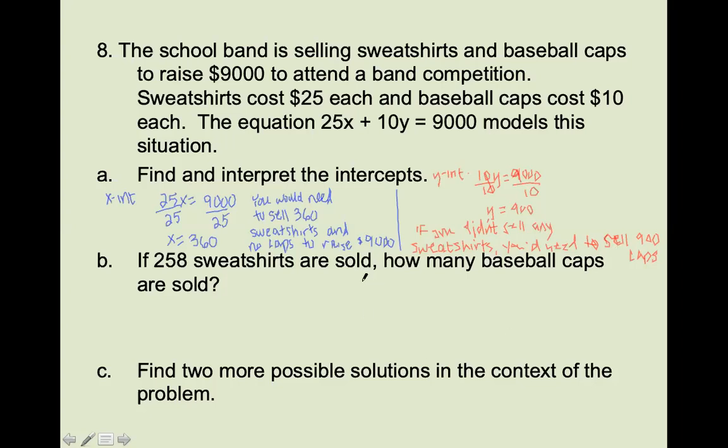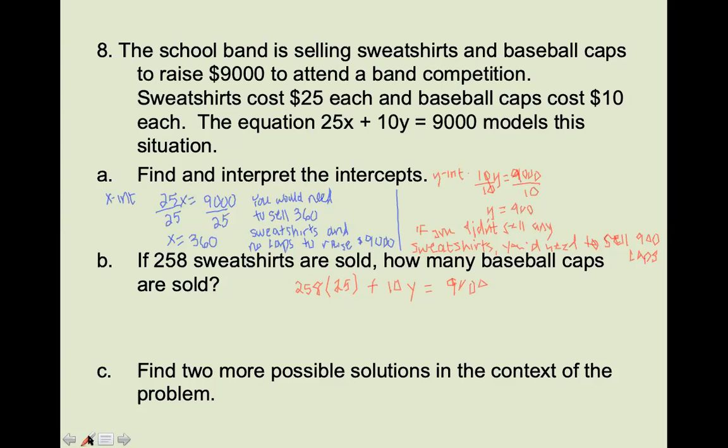The next part says 258 sweatshirts are sold. How many baseball caps are sold? So we know how many are sold, and we're trying to model this. So we're doing 258 times sweatshirts. Remember, sweatshirts is x, so 258 times 25 plus, we don't know how many baseball caps we sold, but we know that the goal of 9,000 was met.